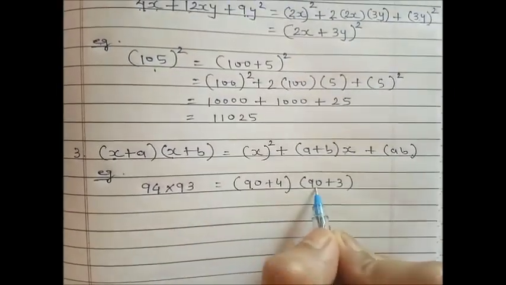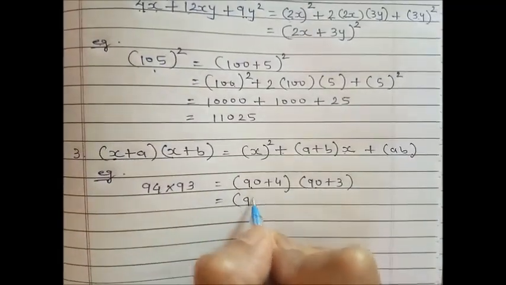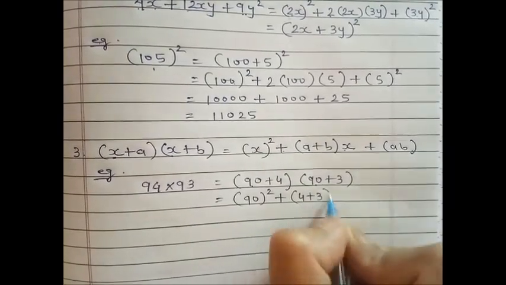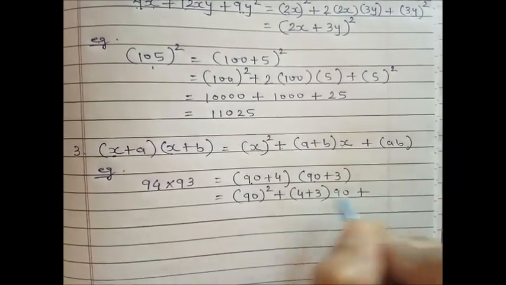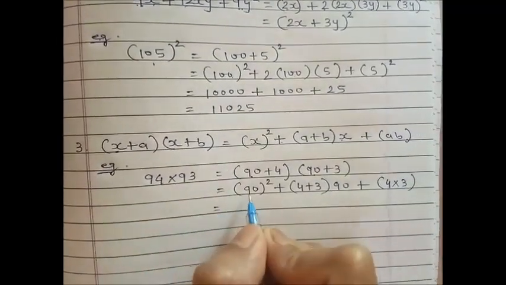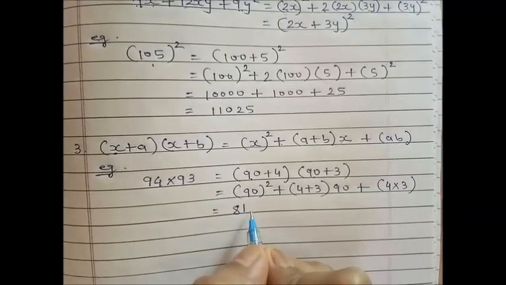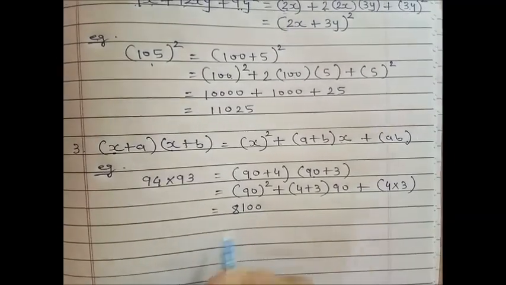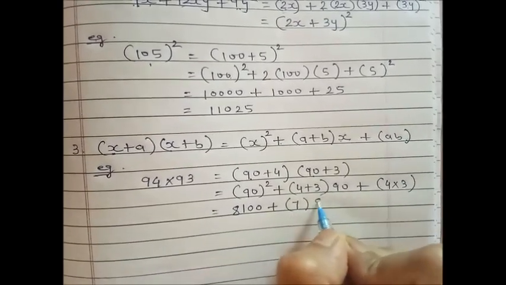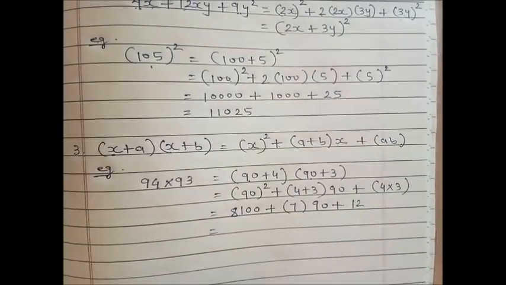Now see, the first term is same, so we can follow this formula, that is 90 square plus 4 plus 3 into 90 plus 4 multiplied by 3. So 90 square, 9 square, 9 nines are 81, 00, plus 4 plus 3, 7 into 90 plus 4 3s are 12, right?